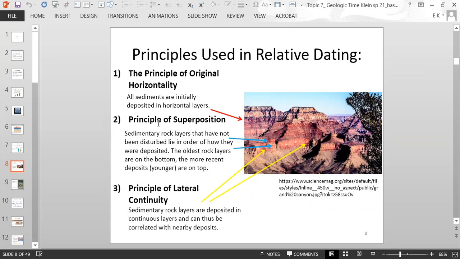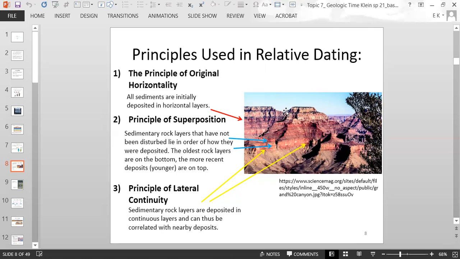Sedimentary rock layers that have not been disturbed lie in order of how they were deposited. The oldest rock layers are on the bottom and the more recent deposits are on top. And when we're talking about disturbances, we're talking about faulting, folding, being overturned, things like that.